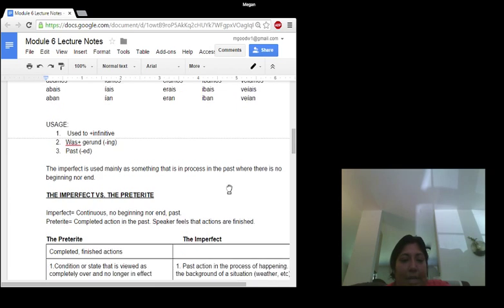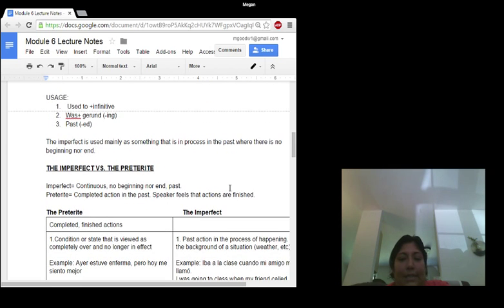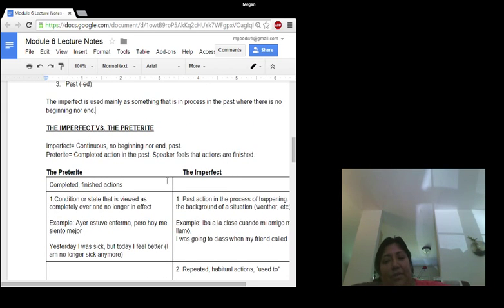So we're now going to talk about the actual differences of when to use the imperfect versus the preterite. As a general rule, you can say that the imperfect is used in the past for a continuous action that has no beginning nor end.